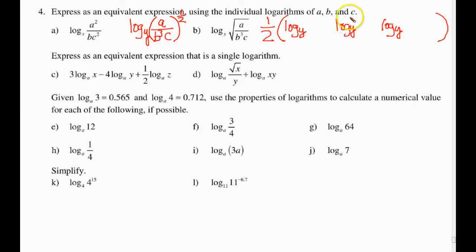Again, I'm trying to show you a way to do it. So the first one we have is just going to be a right there. Now there's no exponent on a other than a 1, so where you could put a 1 there, you don't. So then now these are in the denominator, so we're going to have to put a minus sign now. This one has an exponent of 3, so we put that in front of our log, and then we put b there.